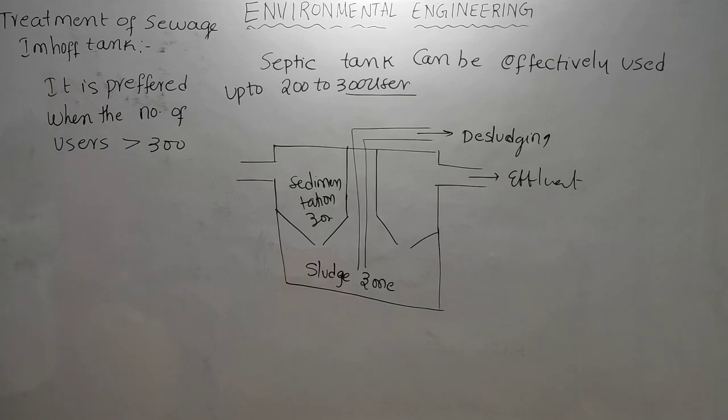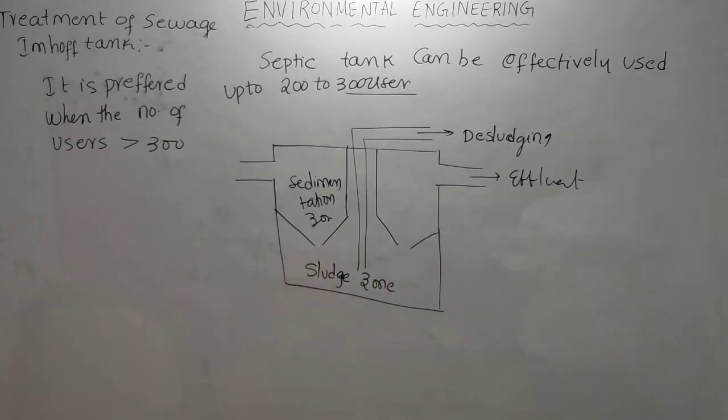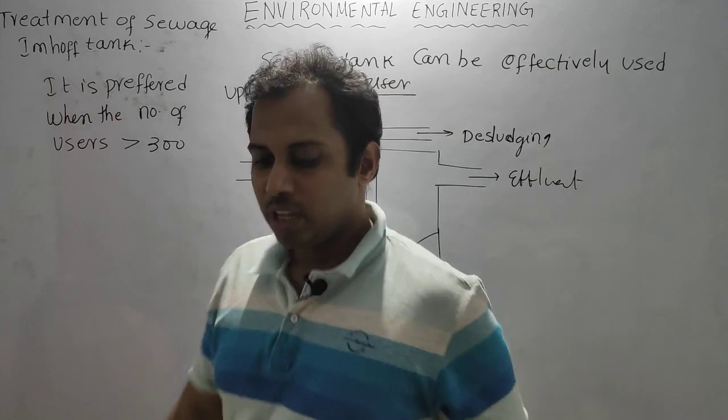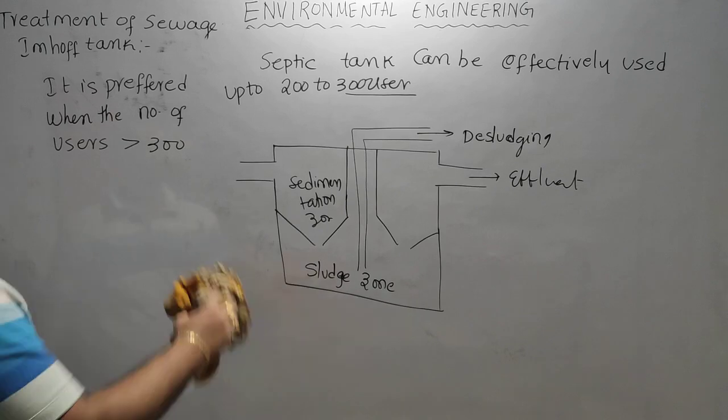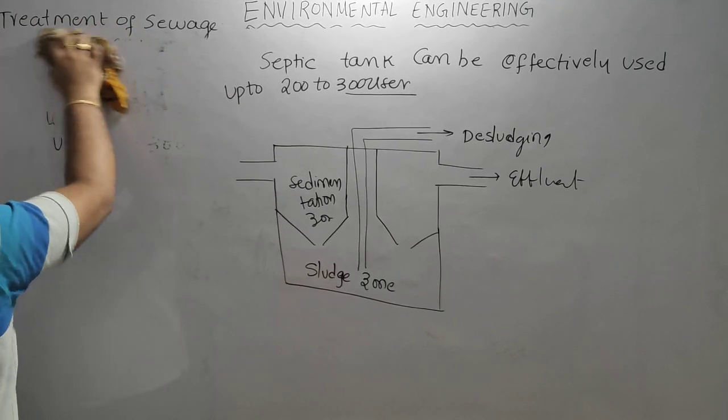So let us move ahead to the last secondary treatment, that is oxidation ponds. Oxidation ponds are aerobic devices which are used to remove BOD, the organic matter.